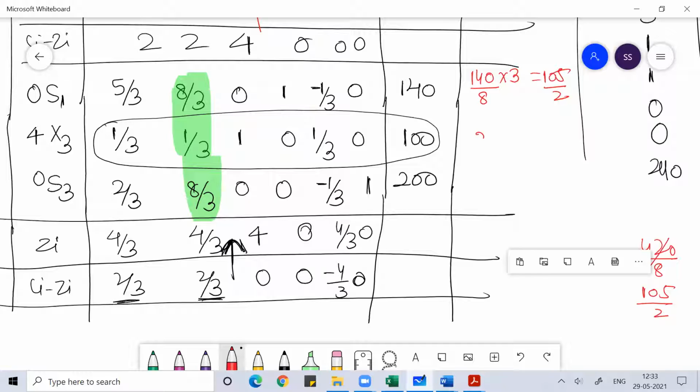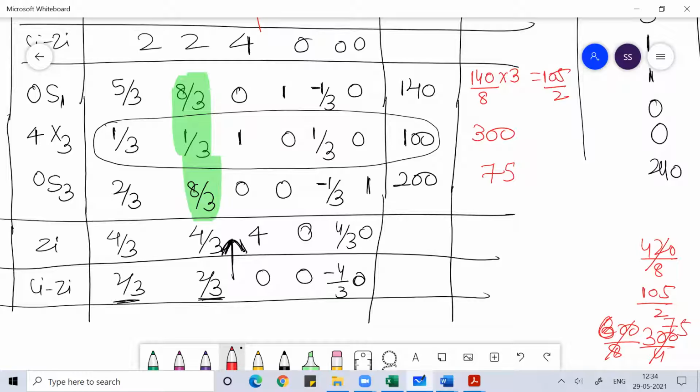Then for this, it is 200 by 8 by 3, which means 600 by 8, which means 300 by 4, which is 75.